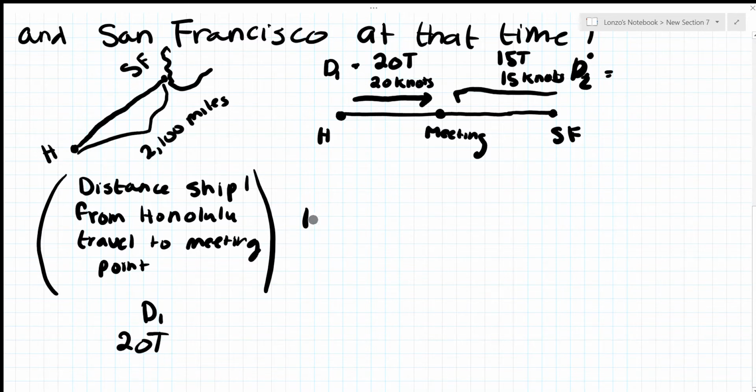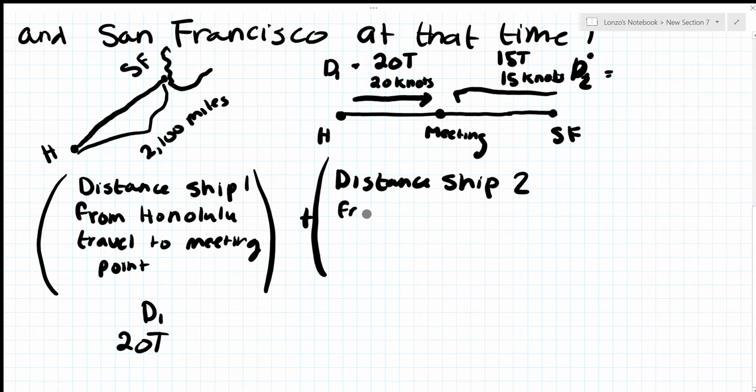And we're going to add the second distance, of ship 2, from San Francisco, travels to the meeting point.